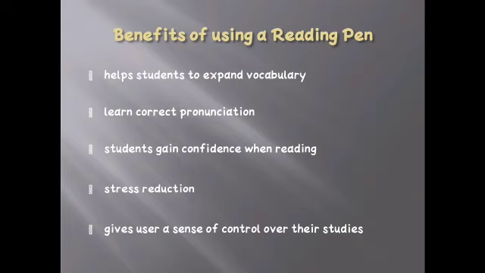Then it gives the user a sense of control over their studies. For many students with learning disabilities, the greatest frustration is that they don't have a level playing field. Dyslexic students have the frustration of watching their peers read through the content with ease and breeze ahead to the top of the class. But society thinks that these are less intelligent students.